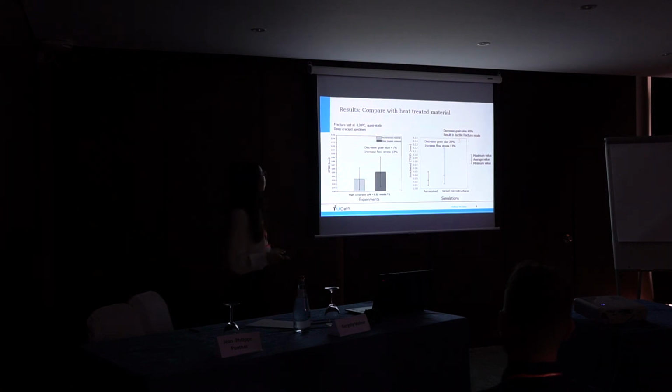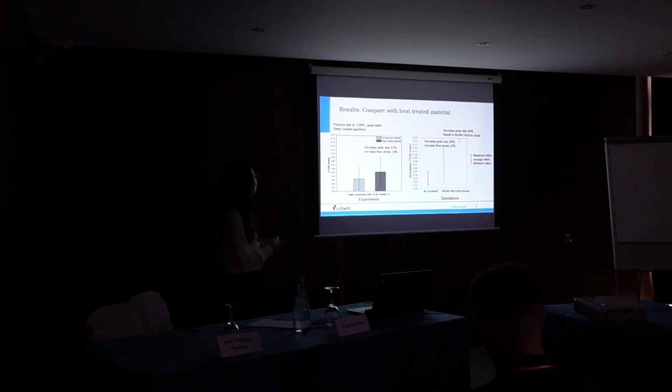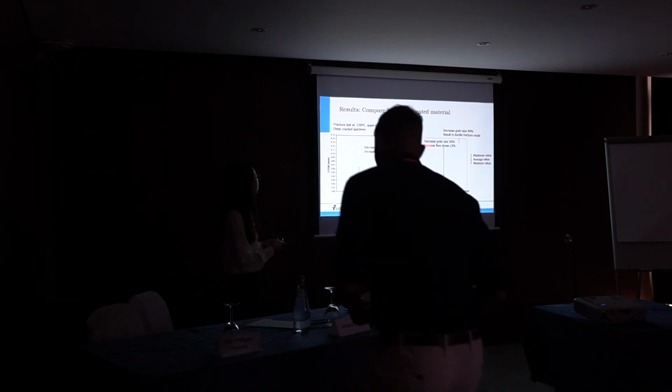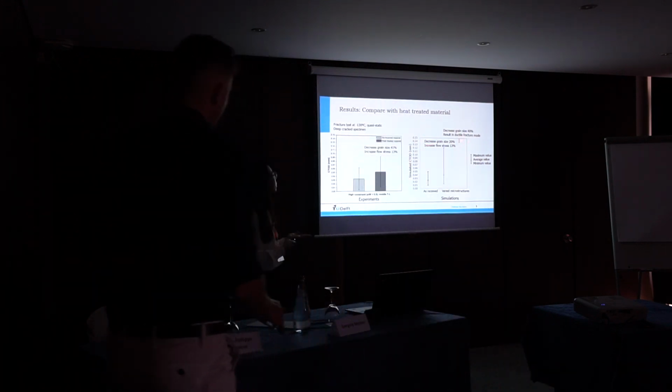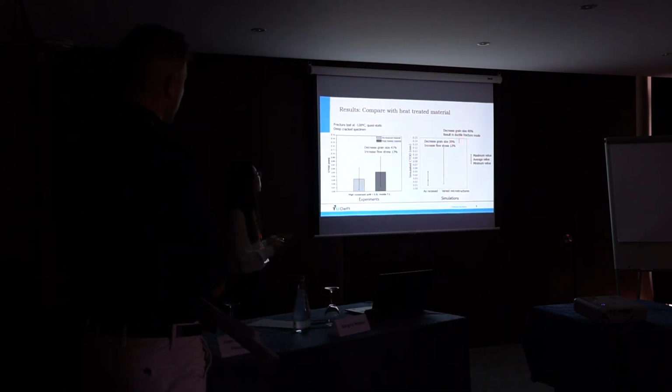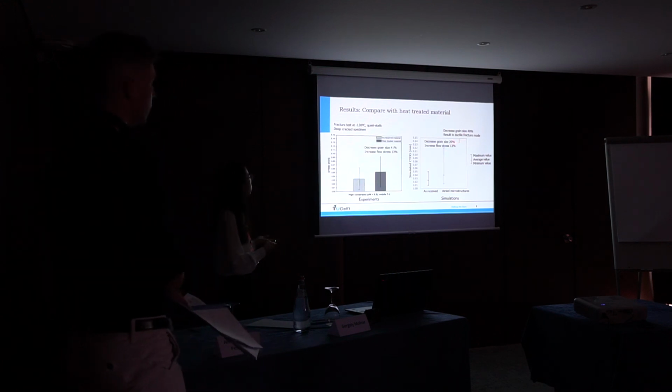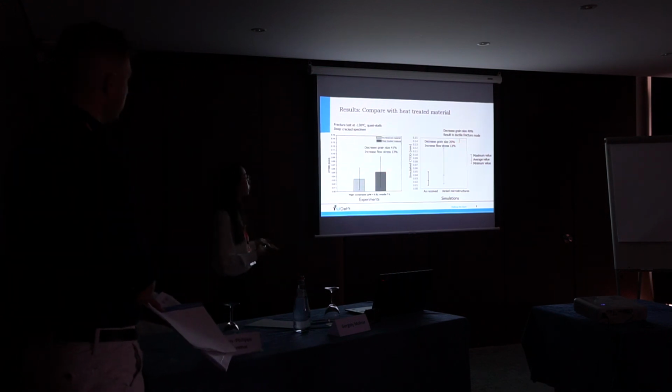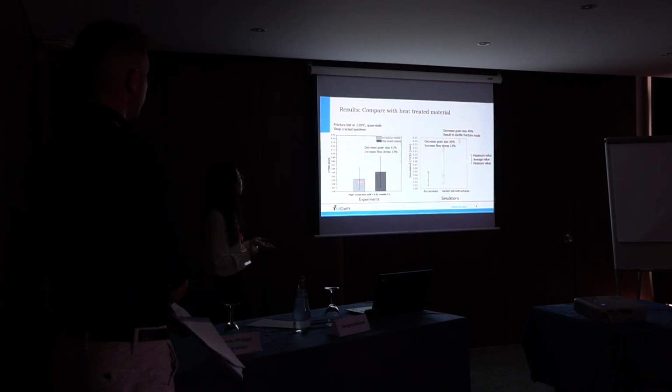Here is the comparison between experiments and simulations. First we simulate the decrease of grain size by 40% with the same increase of flow stress of 13%. The simulation shows this is already in ductile fracture mode. However, the experiments show that even though the fracture toughness is improved, it's still in a very low range.